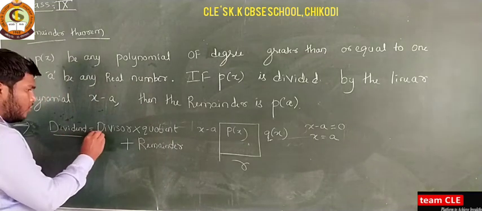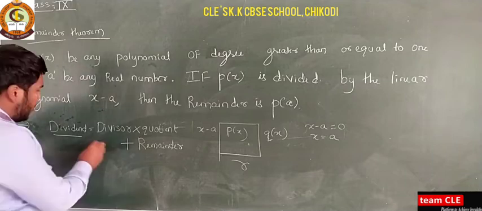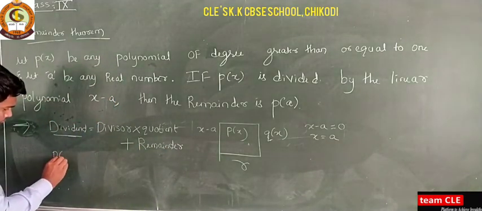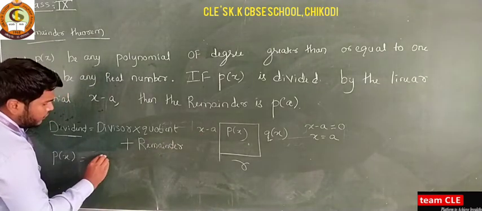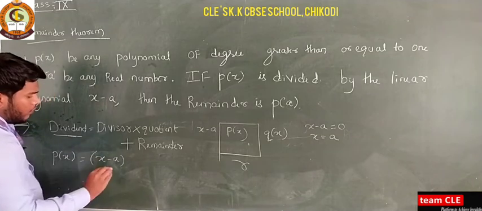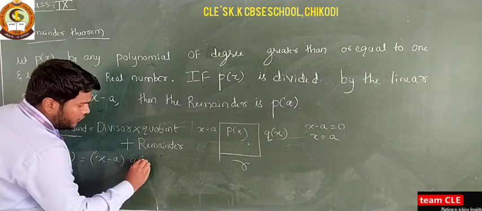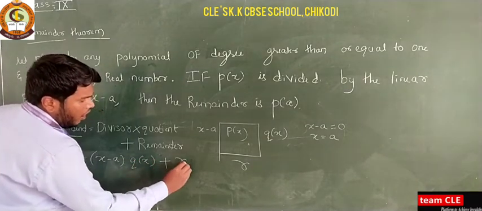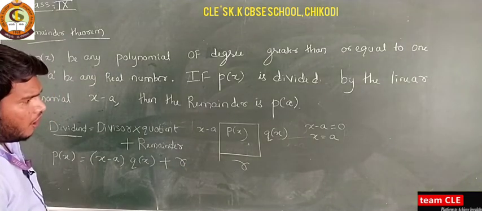Here the dividend is p of x, the divisor is x minus a, the quotient is q of x, and the remainder is r.